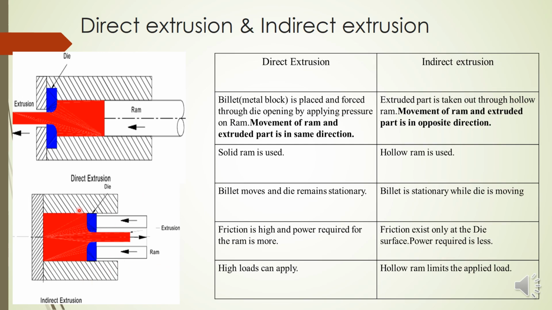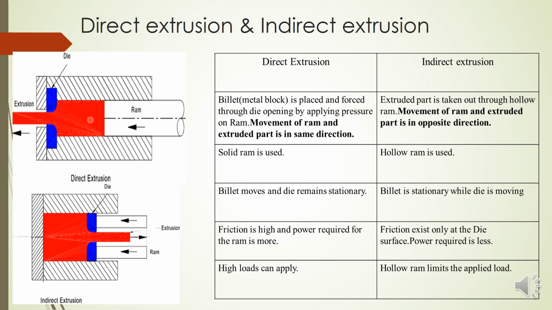Here the billet cannot be moved because this end is closed with the help of this plate. So here the billet is stationary, but this blue color die is attached to the ram, so it can move. So that is another difference. In direct extrusion, billet moves and die remains stationary, but in indirect extrusion, billet is stationary and the die is moving.